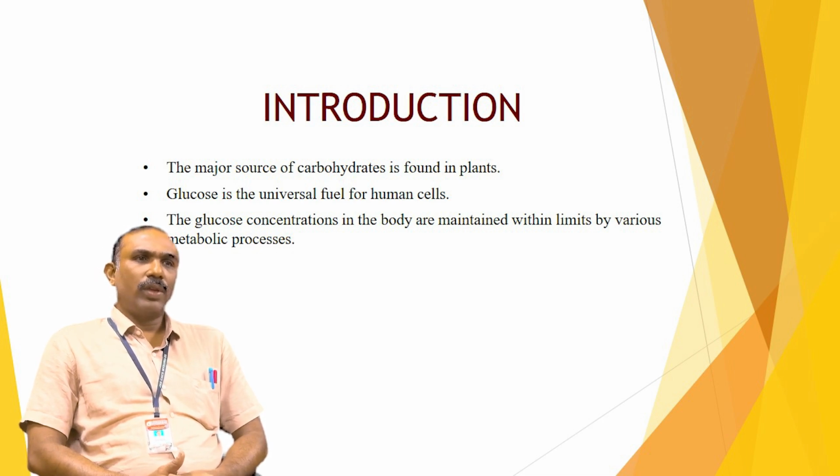Glucose is the universal fuel for human cells all over the world, the main fuel for all human beings. The glucose concentration in the body is maintained within limits by various metabolic processes, which we will come to later.